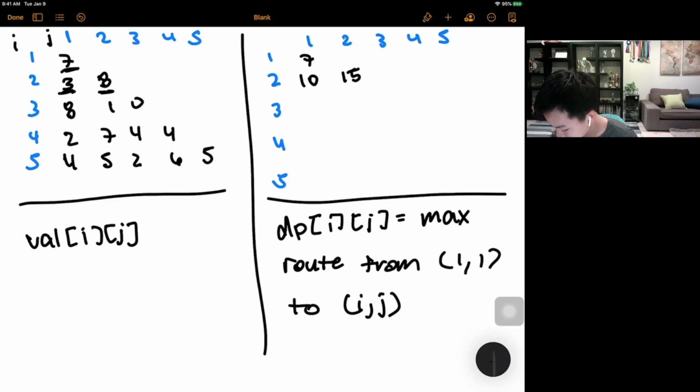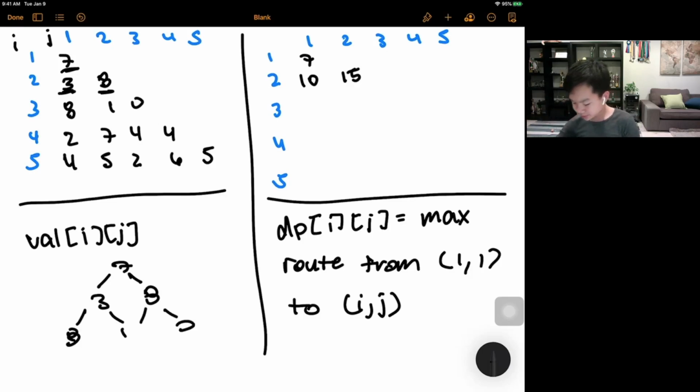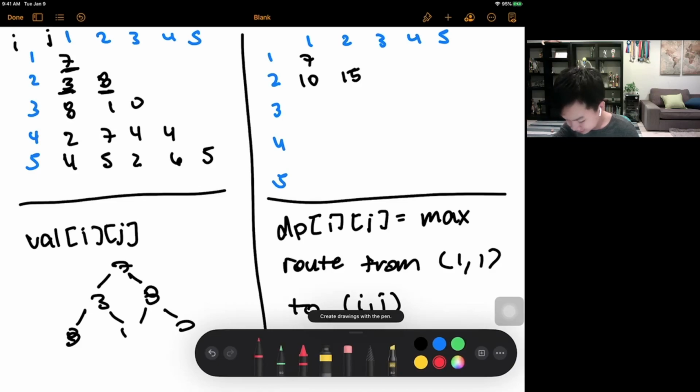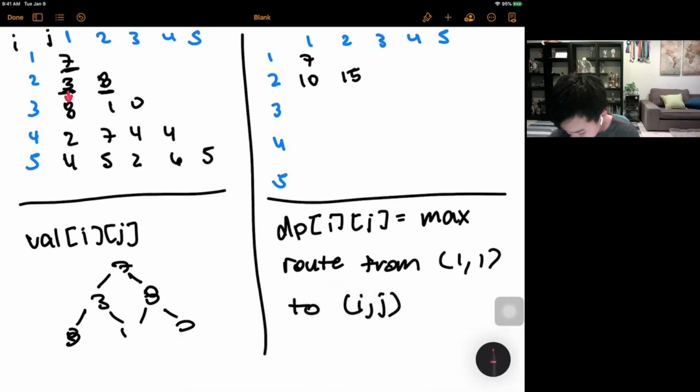So then let's look at this. You can draw it like this: 7, then 3, 8, then 8, 1, 0. I'm just going to draw 3 rows, but notice that 3 points to 8 and 1, which are directly beneath and beneath to the right.